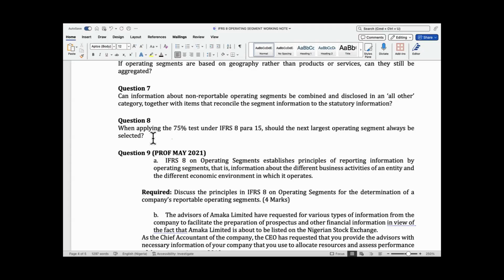And for more practice, we'll be able to solve a lot of past questions because now you have learned a lot of standards. But the principles of group accounts itself, I should be able to finish teaching you within maybe 5 or 6 classes, 5 maximum. We should finish up the principles. Then the remaining time, we would spend solving past questions.